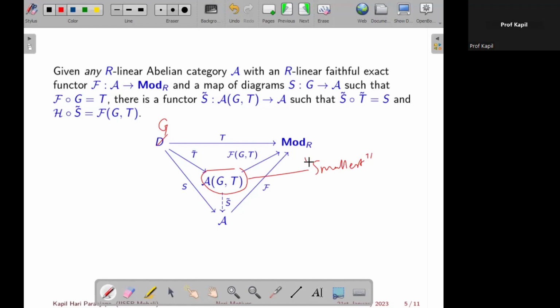It's the smallest in the sense that whenever there is a factoring like this through an R-linear abelian category, it produces a functor S tilde from this to this.